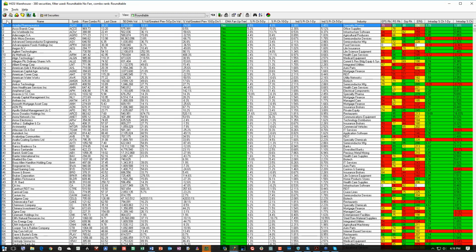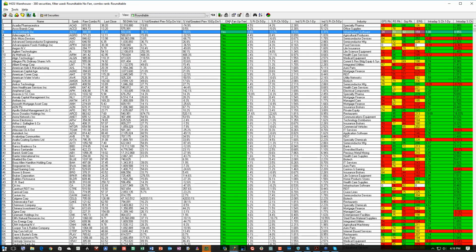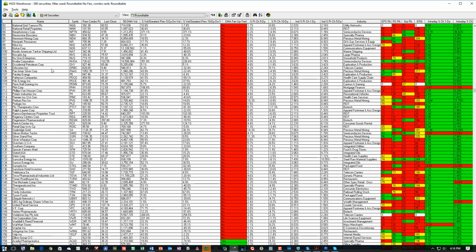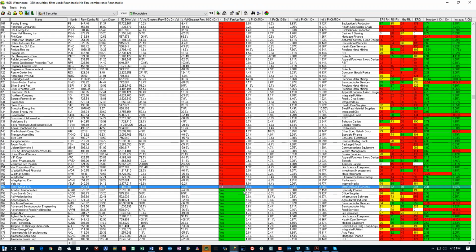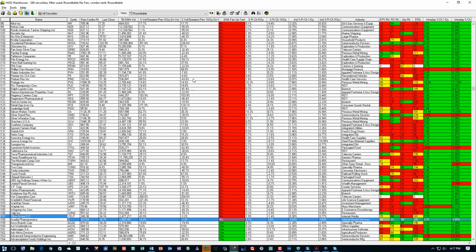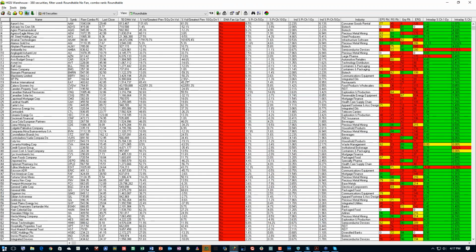Now notice that 157 of these securities do not have a fan formation in place. Okay. So now this opens up another dimension.